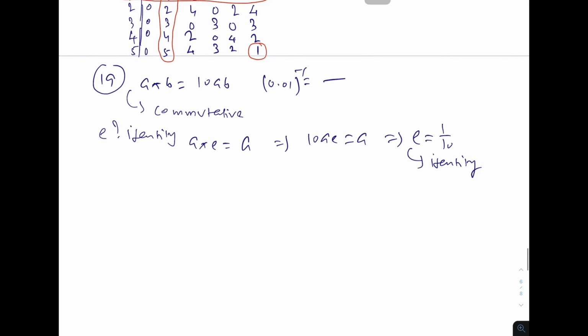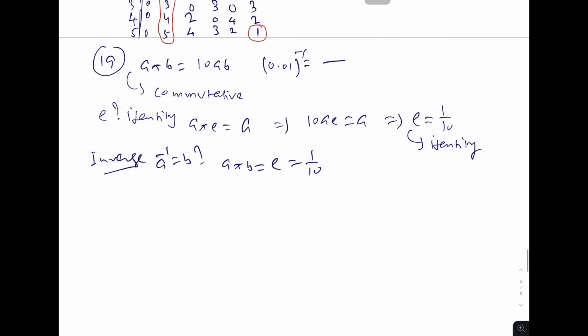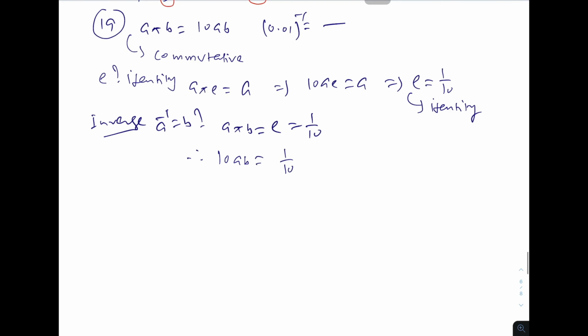Now we want inverse. So if A inverse equal to B, then A star B equal to E, and that is 1 by 10. But what is A star B? 10 AB. So 10 AB equal to 1 by 10.